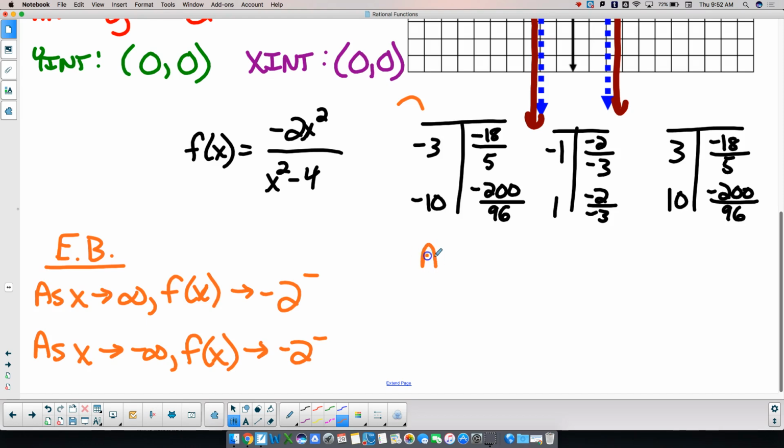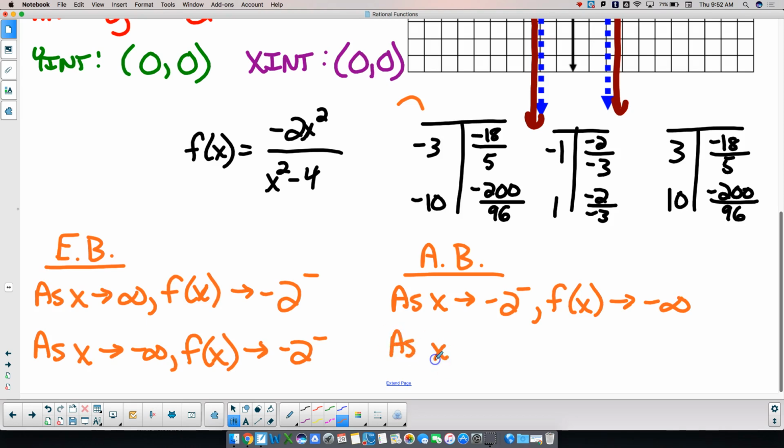Asymptotal behavior: as x is approaching negative 2 from the left, my function is going to negative infinity. That's right here.